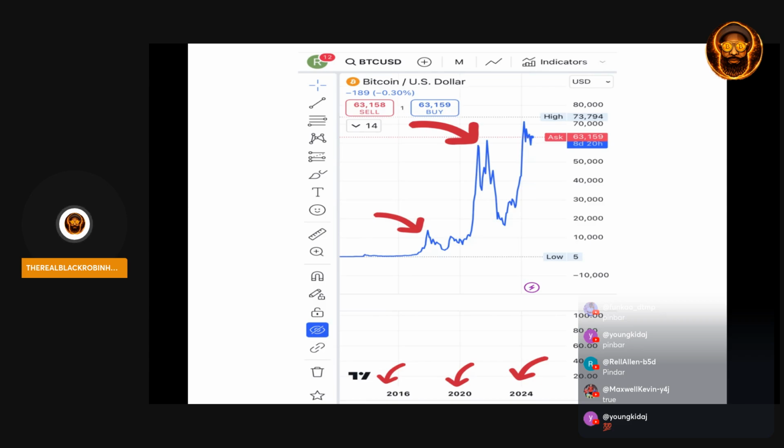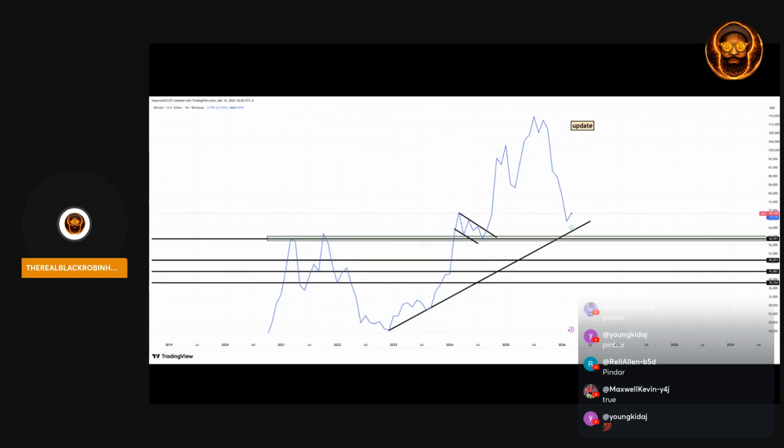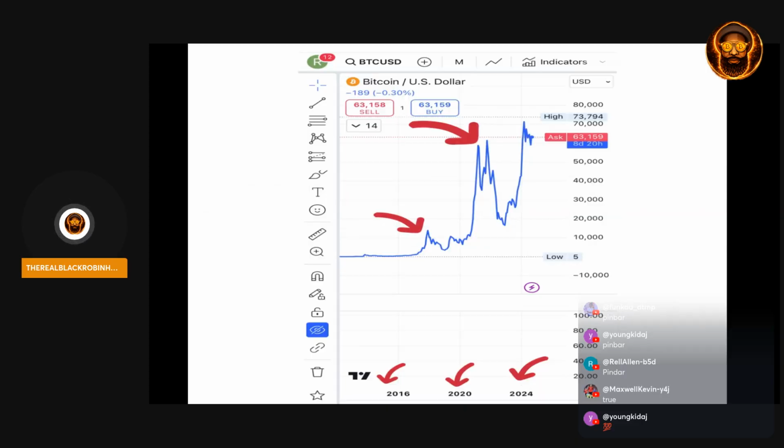So you can see the bottoms are getting higher. The highs are getting higher. The bottoms are getting higher. Highs are getting higher. Bottoms are getting higher, right? And look, right here, the 63K, because this was in real time, the highest point Bitcoin had gone to was 73K.